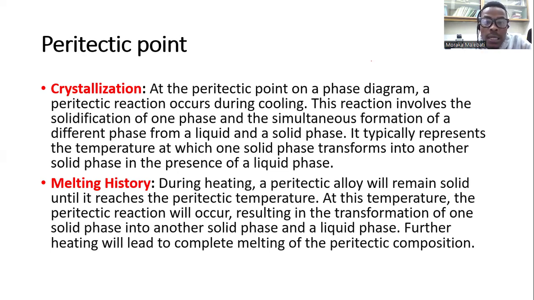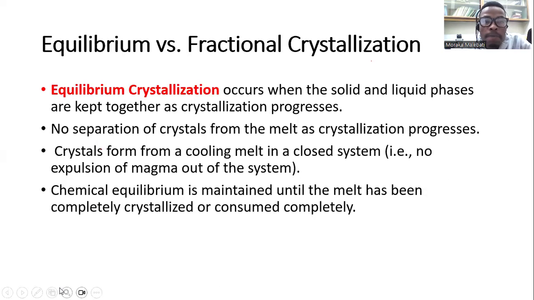Now, when you melt, you have to consume or melt that newly formed one until you remain only with the melt, or the previously precipitated crystal plus that melt. But I'm going to show you what we mean.